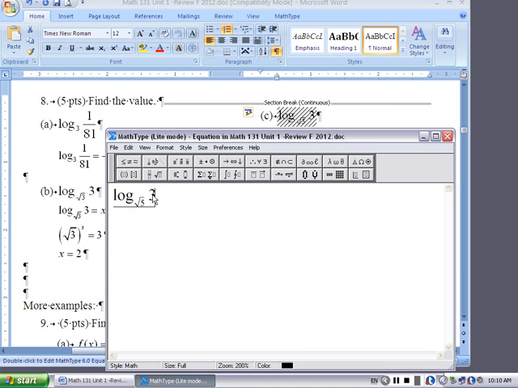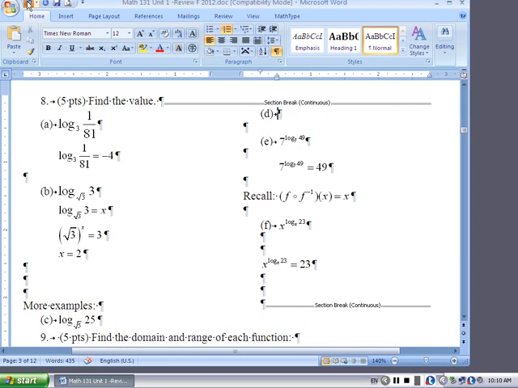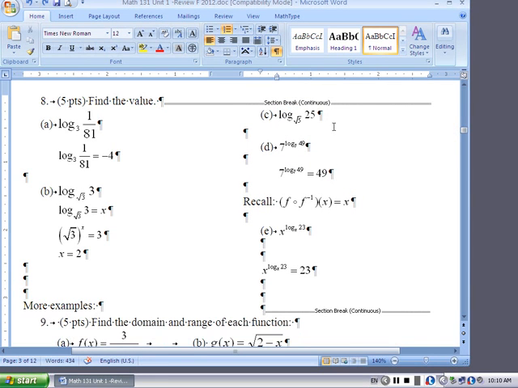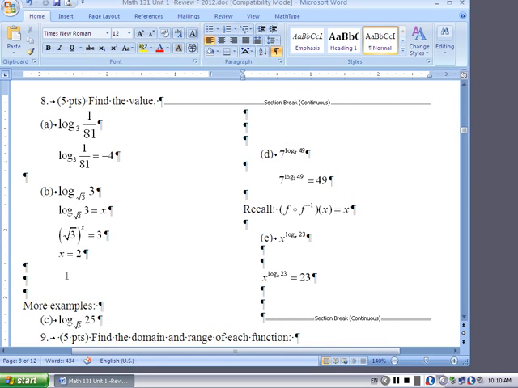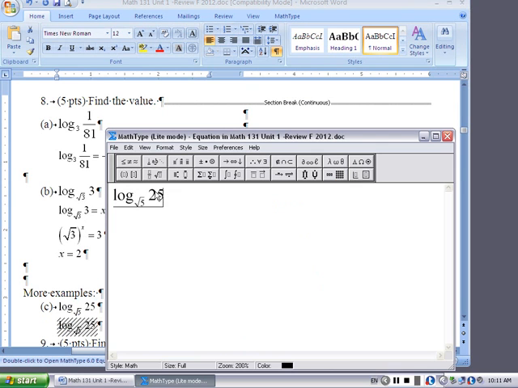Now, I'm going to change this to be 25. Okay? And now I would like to find out what is that. What would you do? So you mean you do the square root of 9 and then a square root of 5.